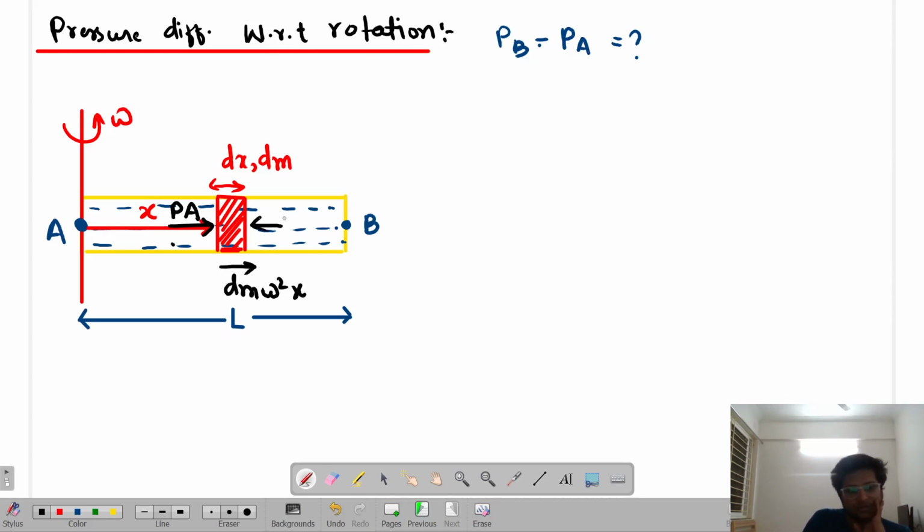So here the pressure will be more. The force will be (P plus dP) into area, isn't it?